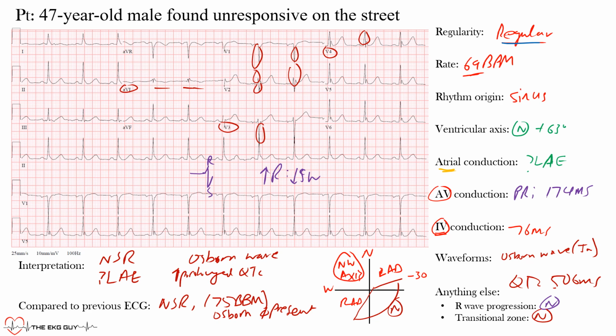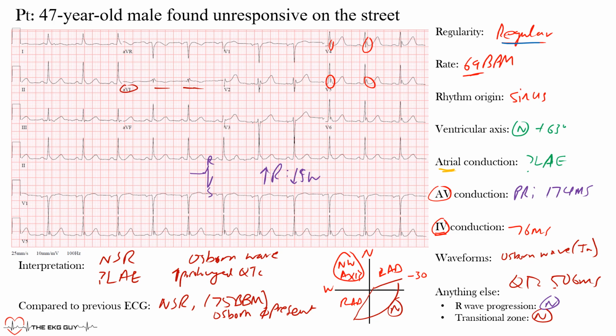The Osborn waves are something interesting that I wanted you to certainly see here, and that's these ones coming in. You don't always see them too often, so it's good if you get a chance to keep them in mind. Those are also J waves, and we can see those in J wave type syndromes. So that's the end of this EKG.